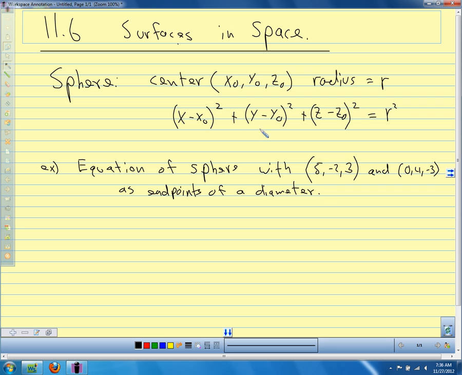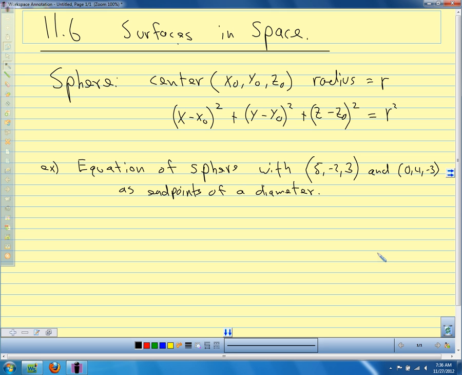And so extending what we know about circles, we found the equation of the sphere. So how would we find the midpoint of the segment between these points?